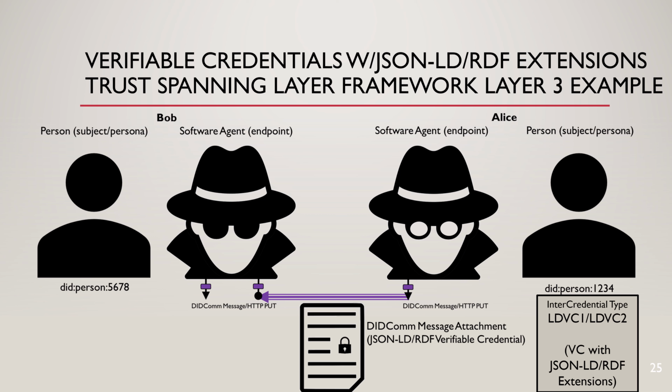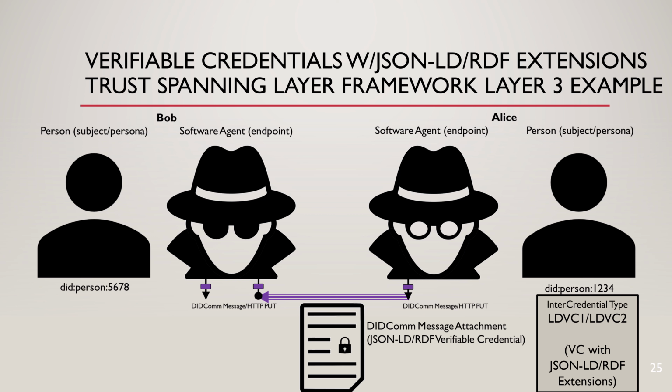So here's 2 more examples. This is looking at verifiable credentials that have JSON-LD RDF extensions, and how does it fit into the hierarchical taxonomy, and also how does it fit into the trust spanning layer framework.